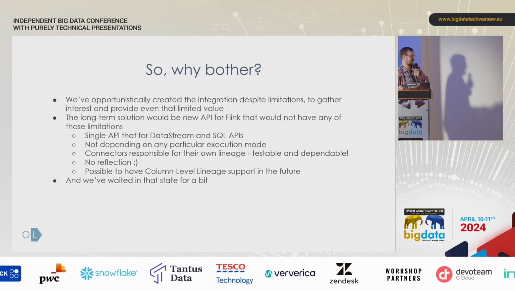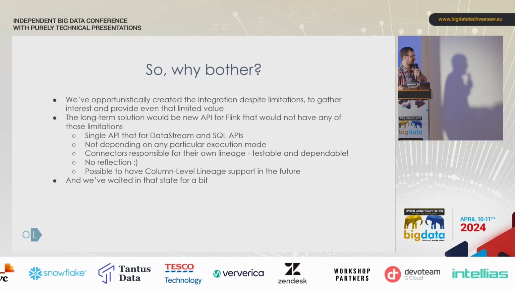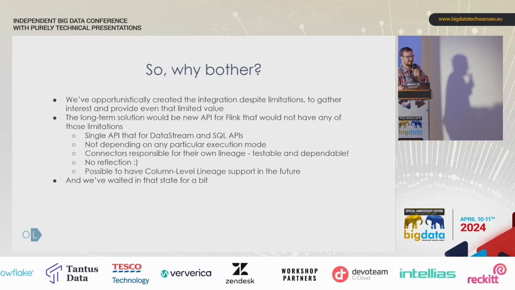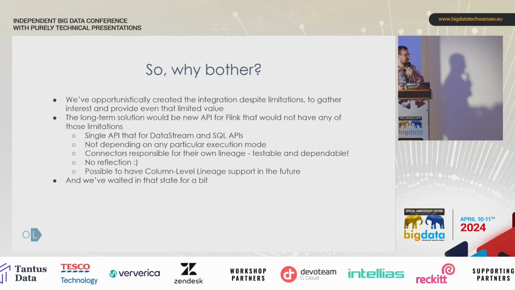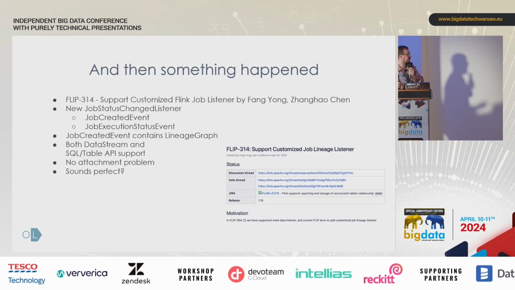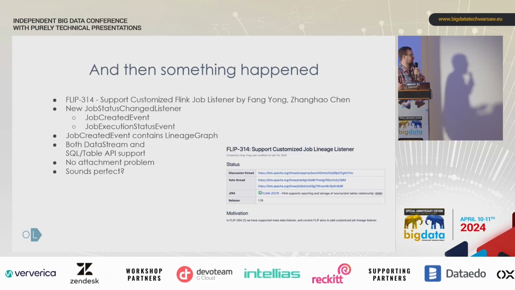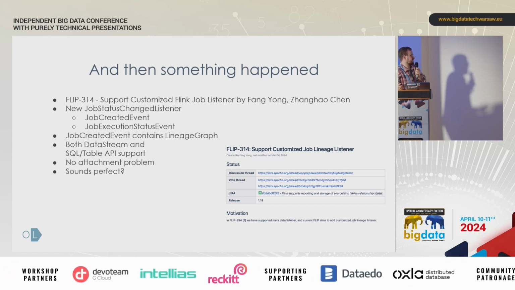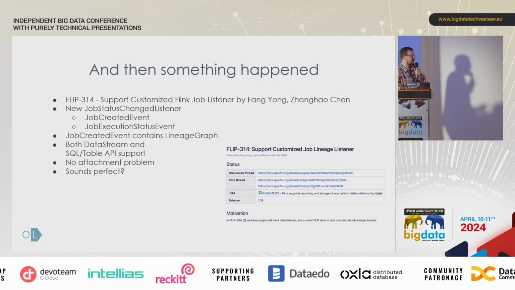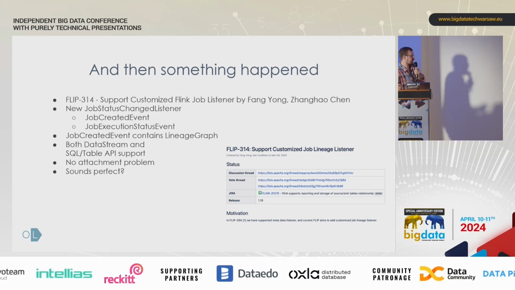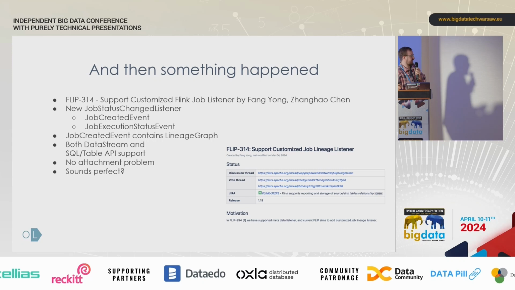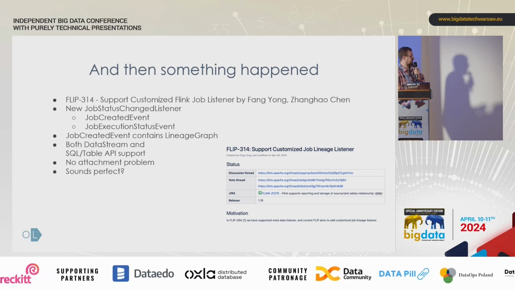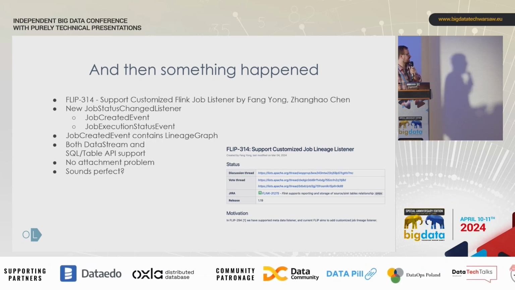And it's something we've done before, right? But then we didn't have that much time. It waited in the backlog a bit, and in the meantime, somebody else created FLIP-314, called Support Customized Flink Job Listener. It was created by people from ByteDance, the TikTok company.